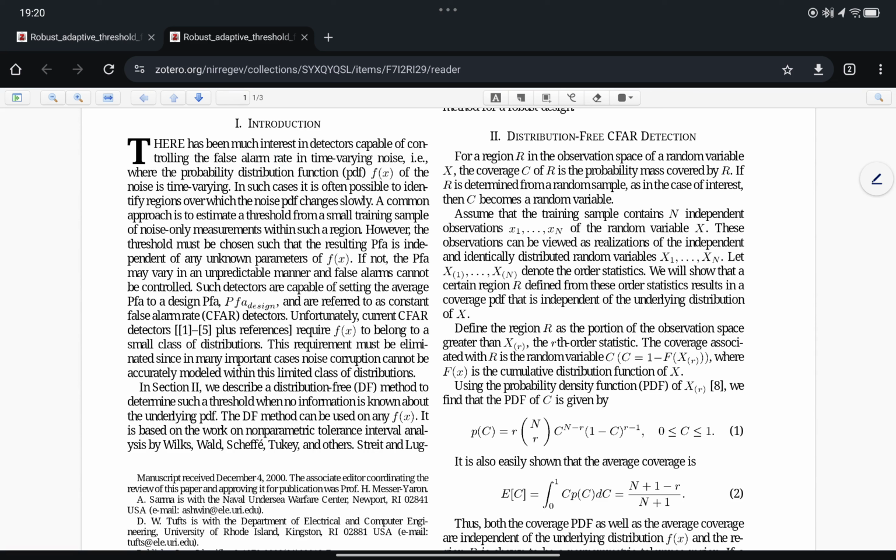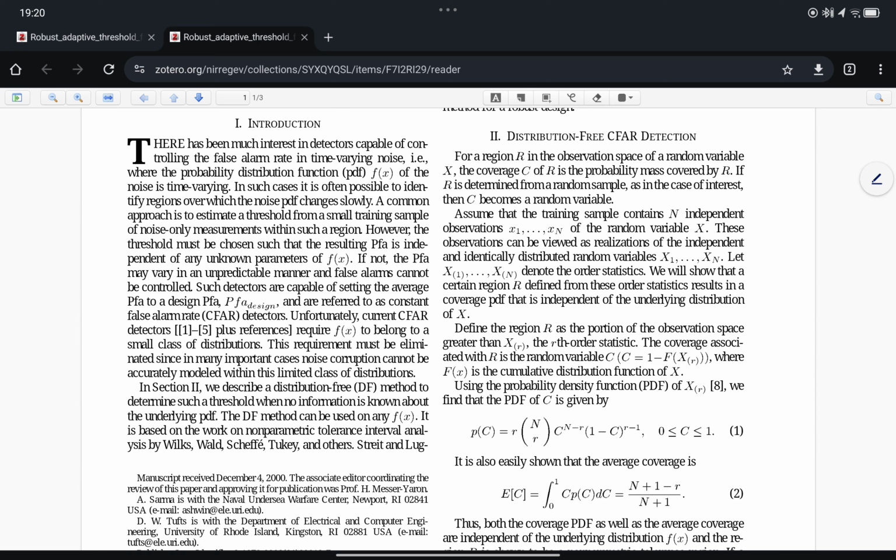If this vector is IID, then we introduce the random variable C, which is defined as 1 minus F of x, where x is the rth order statistic and capital F is the cumulative distribution function, the CDF, of the underlying random vector.